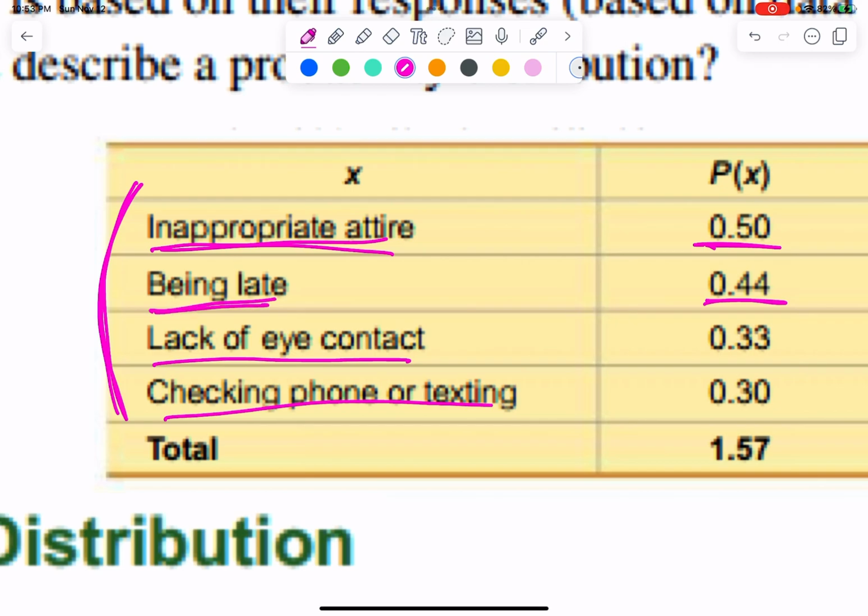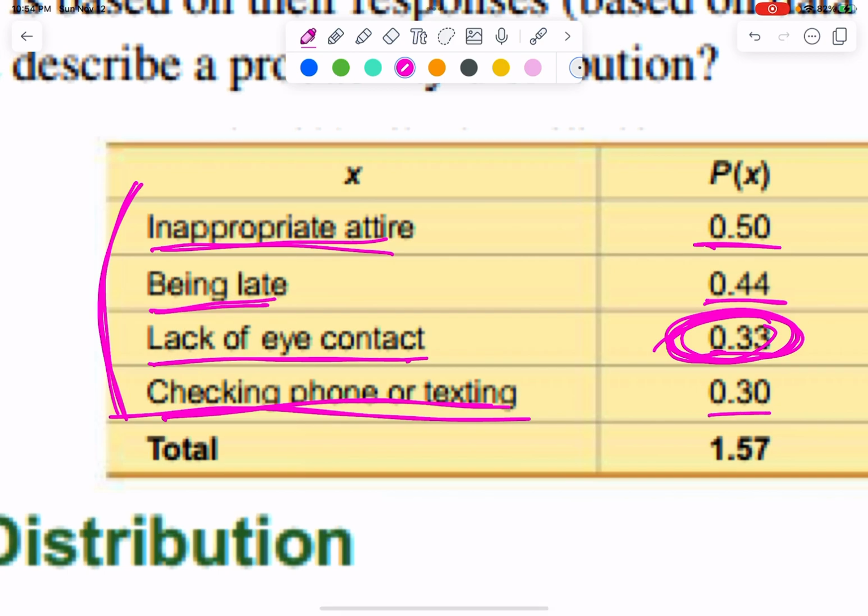How does that even happen? 33%, lack of eye contact. I would think that this was probably the highest category. That's probably one thing that I've seen the most when interviewing other people, because people want to look down. But they say 33%. And then checking your phone or texting during an interview. How is that even a thing? I don't even know. But anyway, they have these numbers written down.